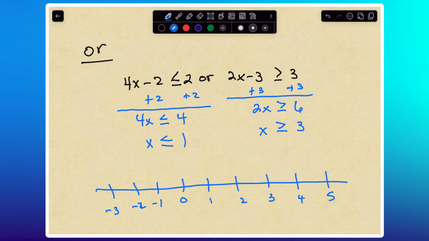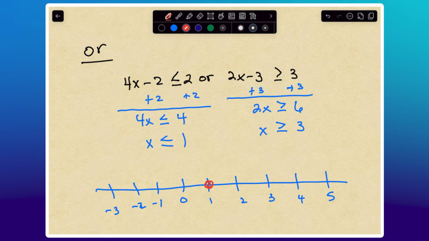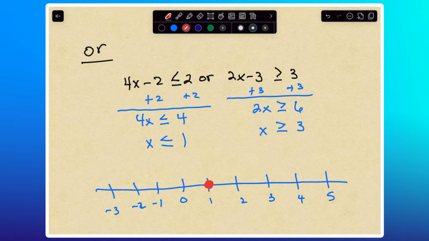Now we'll draw this line here. Let's use red for that. The first one is 1. It's right here, and because it has an equal sign underneath it, we're going to put a solid red dot. Over here, you've got x is greater than or equal to 3.